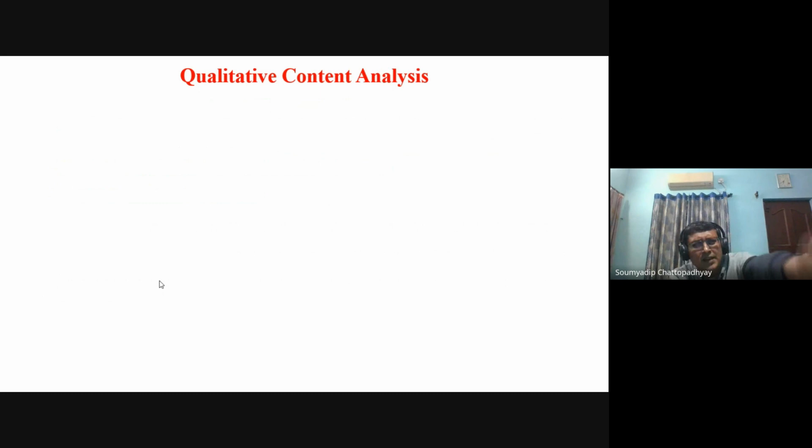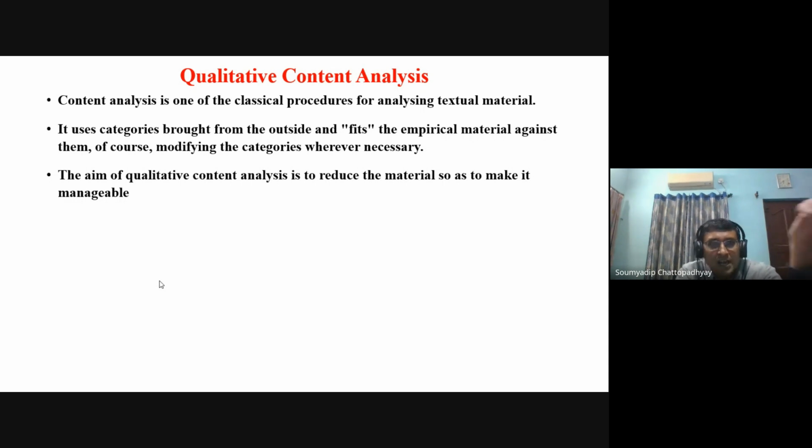Okay, apart from that, there is another type of analysis known as qualitative content analysis. It sits at the opposite of coding.